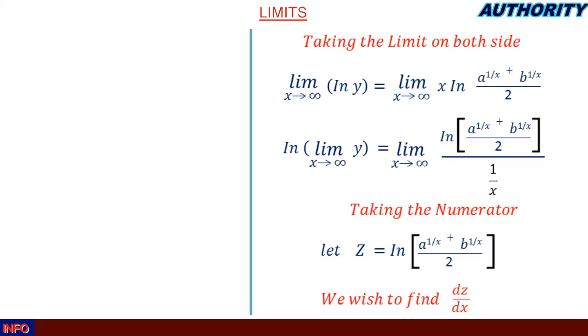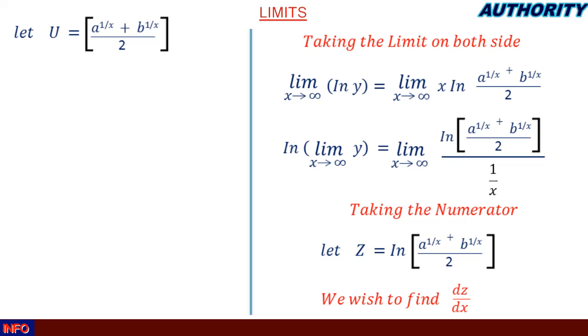Good. For us to evaluate this, we are going to apply the chain rule. Everything inside this bracket, we call it a letter, let's say u. That means let u equal a raised to the power of 1/x plus b raised to the power of 1/x, all over 2. Okay, good. Now in this place we have u, so we are going to differentiate this u with respect to x.